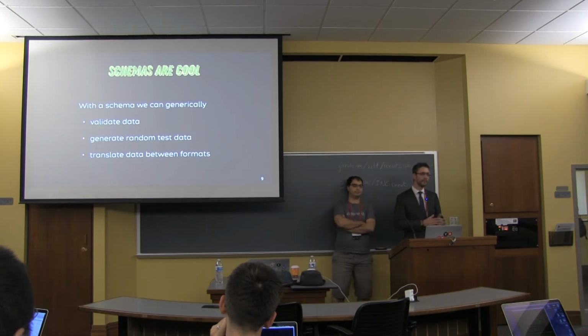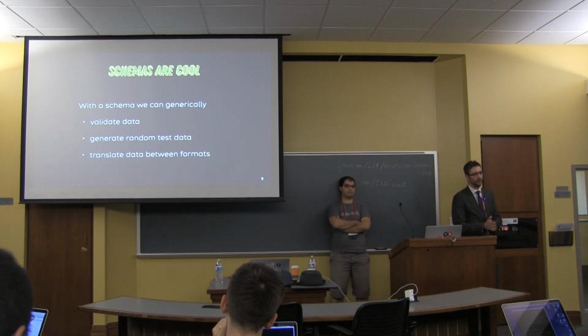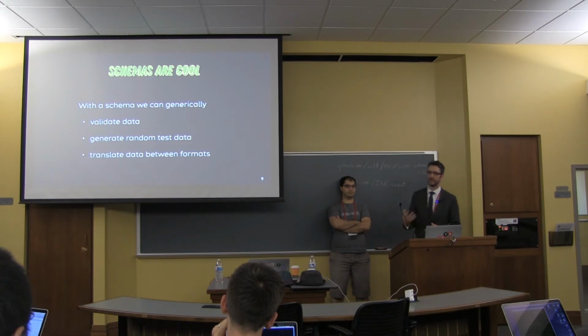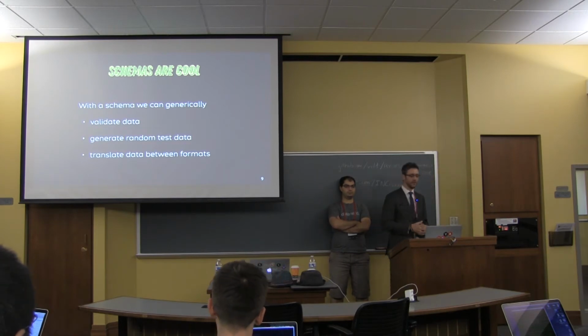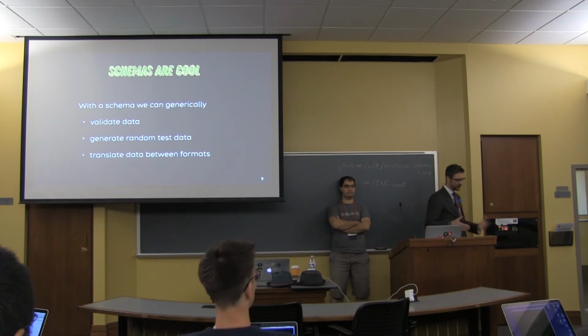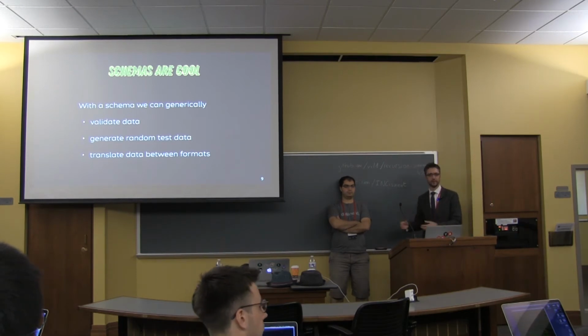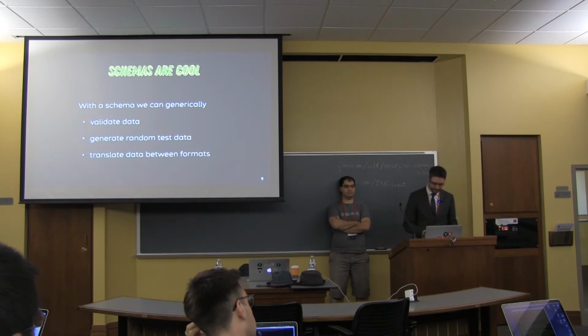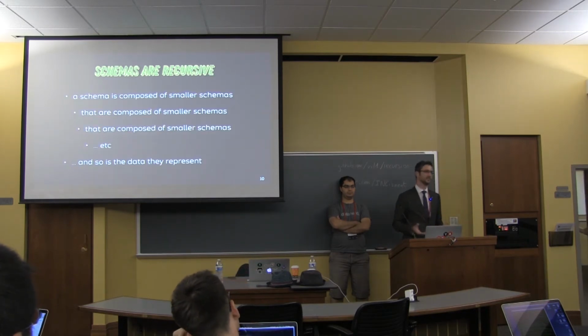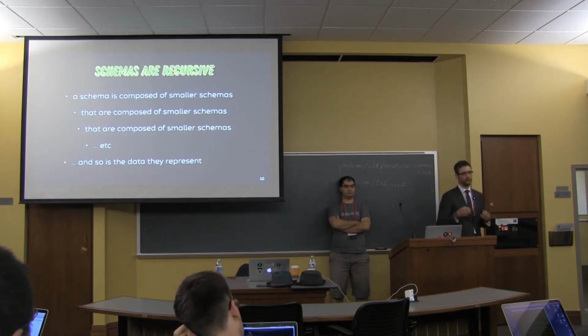Schemas are really cool. You can use them to validate data. You can use them to generate random data for your tests. You can use them as a blueprint to transform data from one format to another, and so on and so forth. And schemas are basically inherently recursive.